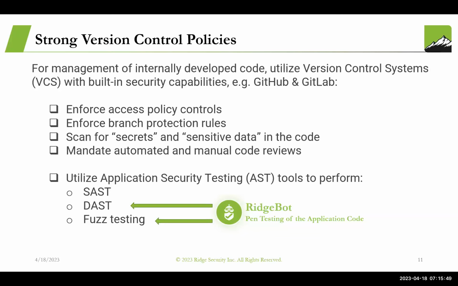RidgeBot is a great DAST tool, which is fully automated, and it can be utilized as part of the build process. RidgeBot also performs fuzz testing while it attempts to exploit various vulnerabilities such as buffer overflow and SQL injection.